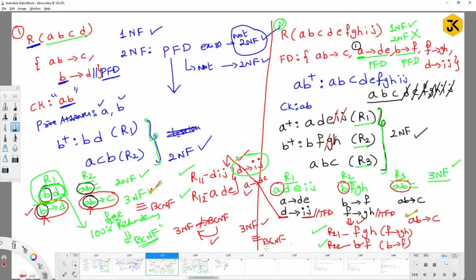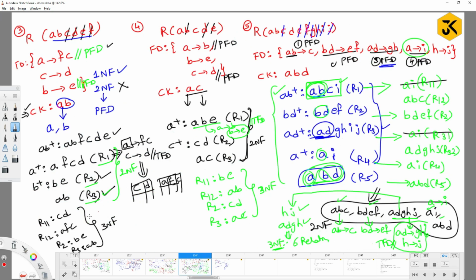Okay, now take this one here. C determines D, a key on the left side, so it is in 3NF. A determines F, C is a key, B determines E, a key, so it is again 3NF, and as all the LHS are keys, I can call it BCNF.